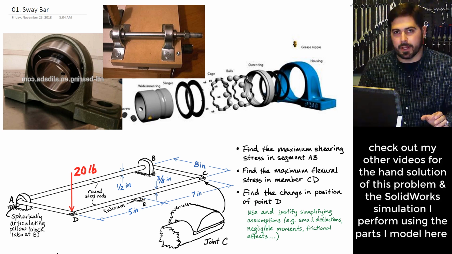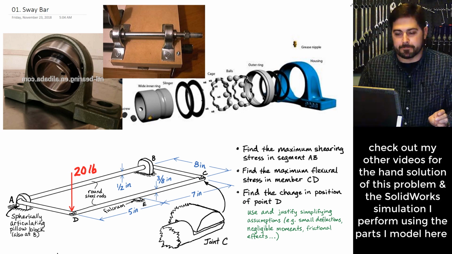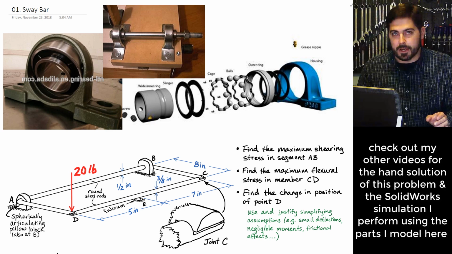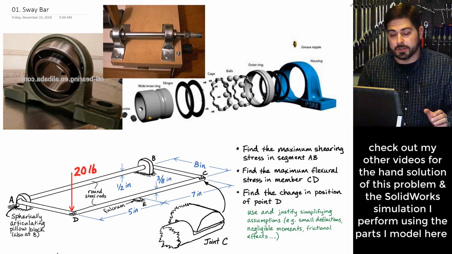I solved a problem like this, and you may have already seen a video that I'd published where I solved a problem finding stresses in a little linkage like this, finding the amount of position change of a particular point for a body like this.